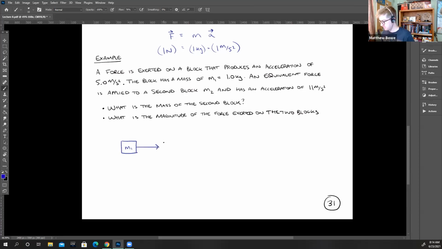A force is being applied to it in a specific direction. It doesn't appear to matter for the problem, but I'm still going to make it a vector.